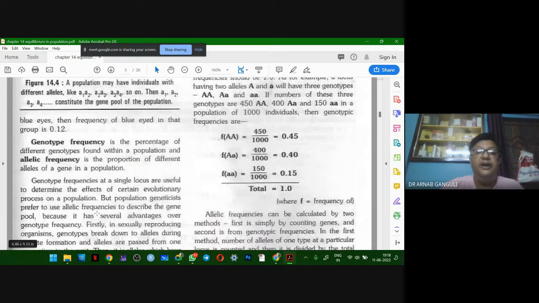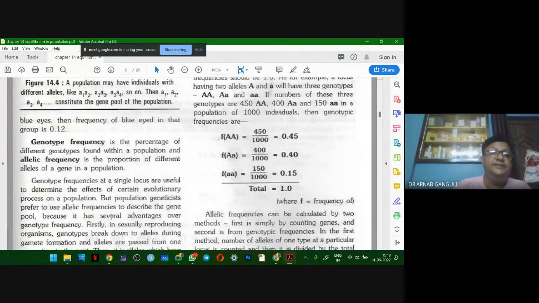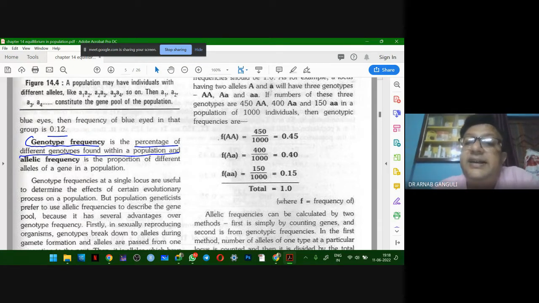Now we come to the next definition: genotype frequency. It is the percentage of different genotypes found within the population. So let us hypothetically think about a particular gene in a population which has two alleles.